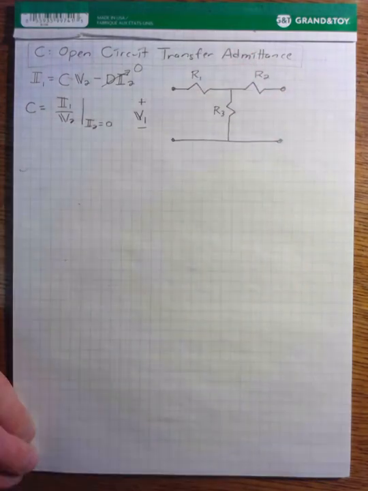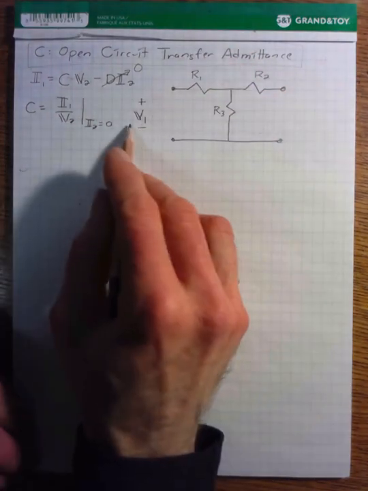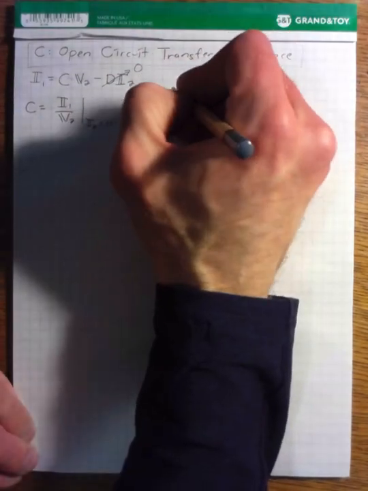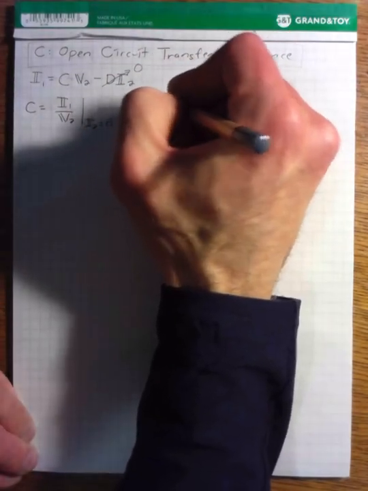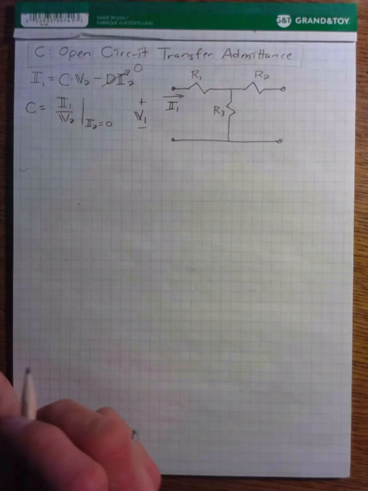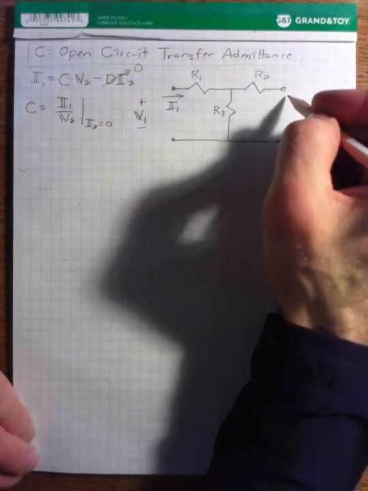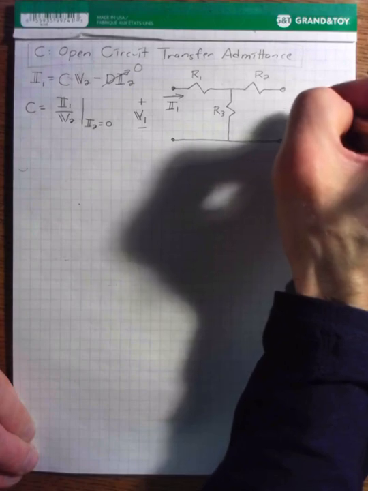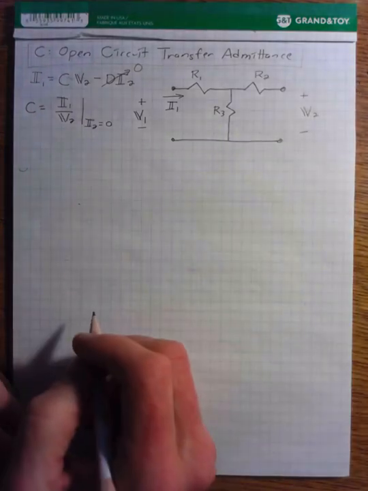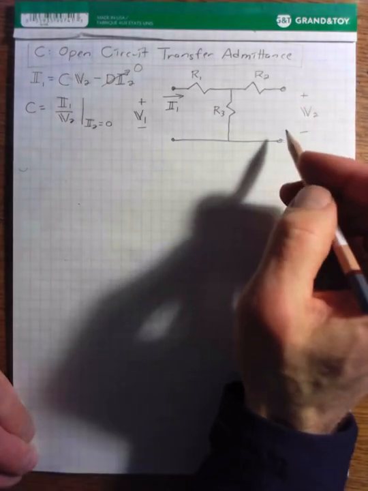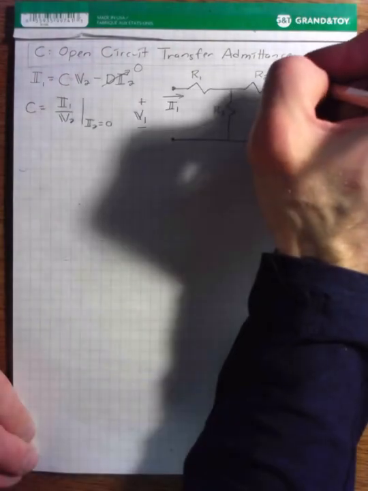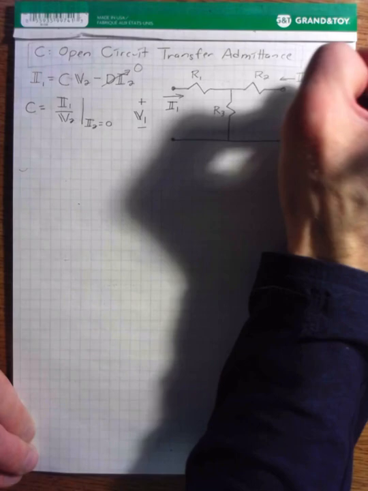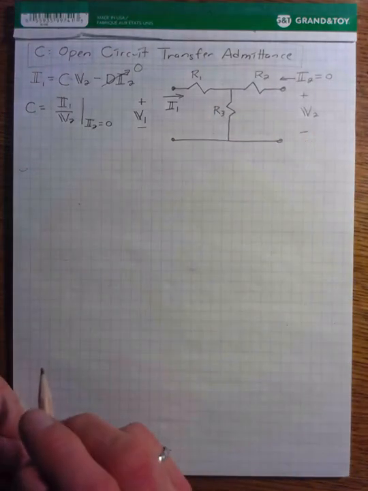We have to apply a voltage source. We're not interested in the value of V1, but we have to apply a voltage here so that we have a current flowing in, I1. We want to measure the voltage V2. And this is an open circuit so that I2 will be equal to 0. No current can flow there.